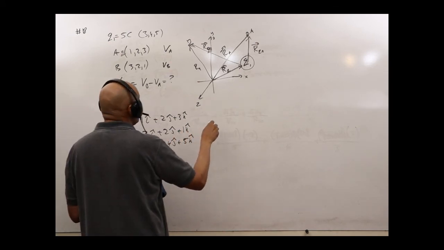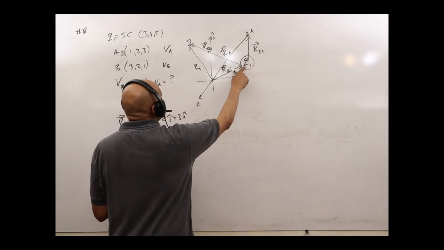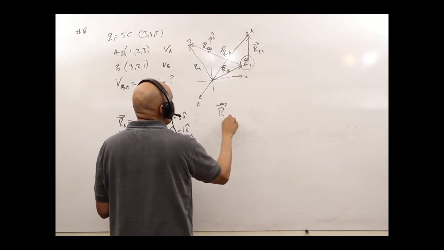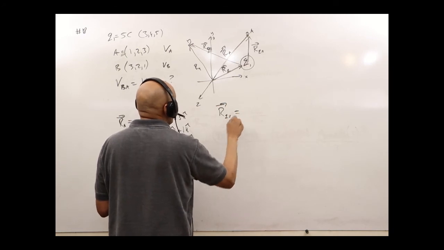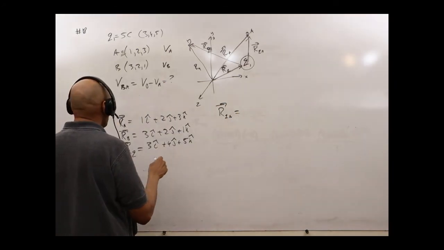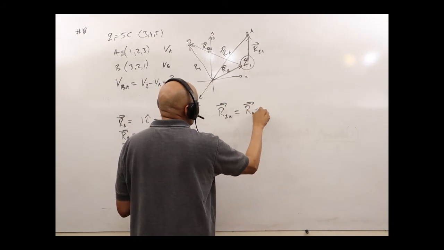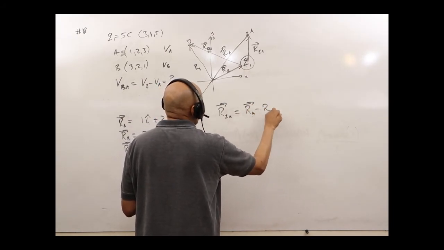Now I have to find the vector drawn from Q to A, RQA. This is equal to RA, the position vector of A, minus the position vector RQ.